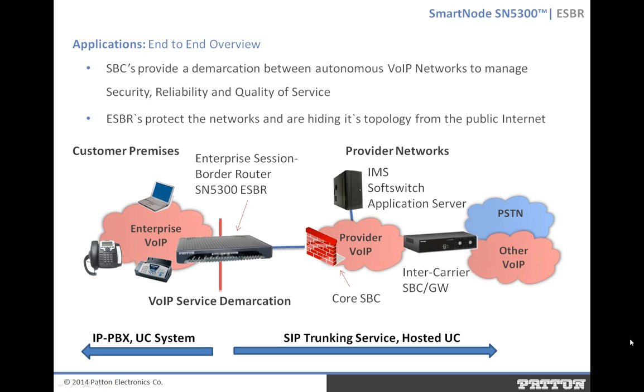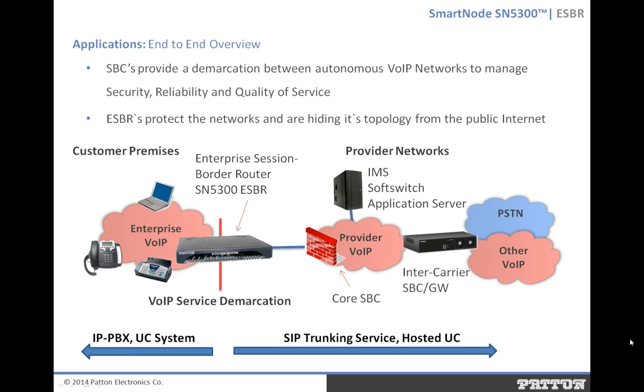But looking at the left-hand side, on the customer premise side, there is usually a lot of voice over IP equipment already existing, an IP-PBX for instance, whereas the IP-PBX in many cases is directly connected to the public network, which of course gives some problems in terms of SIP attacks from the outside world.